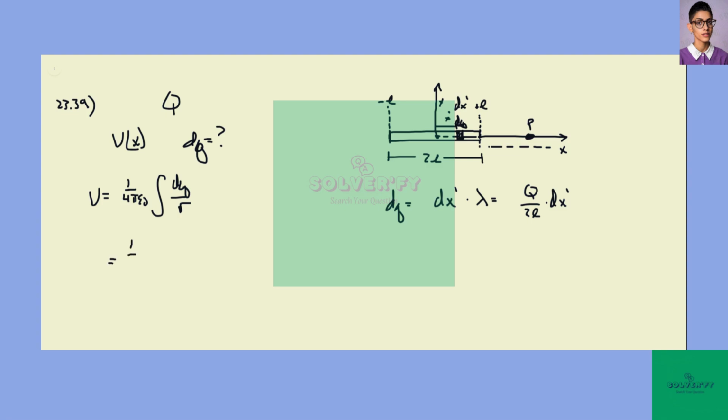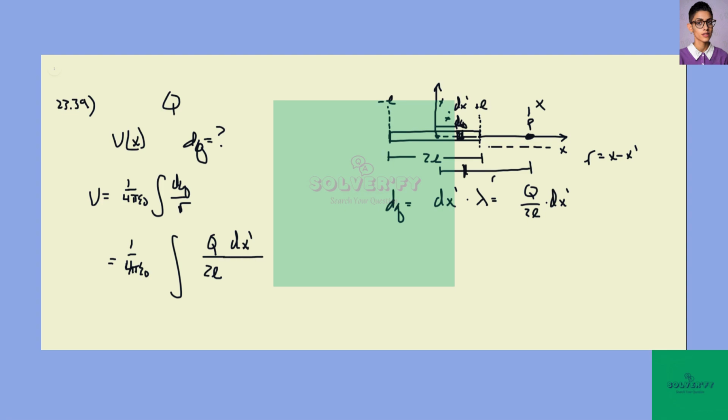So let's write the potential as 1 over 4 pi epsilon naught, the integral, and now we have Q over 2L dx prime. And this right here is our r. If we're at a point x, then our r is x minus x prime.